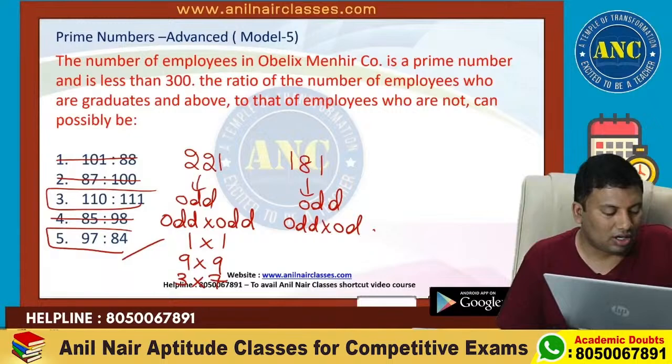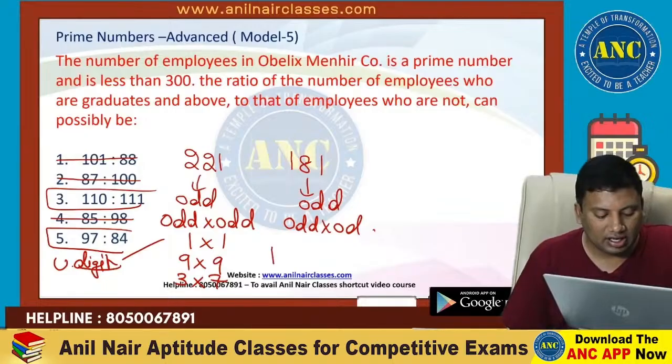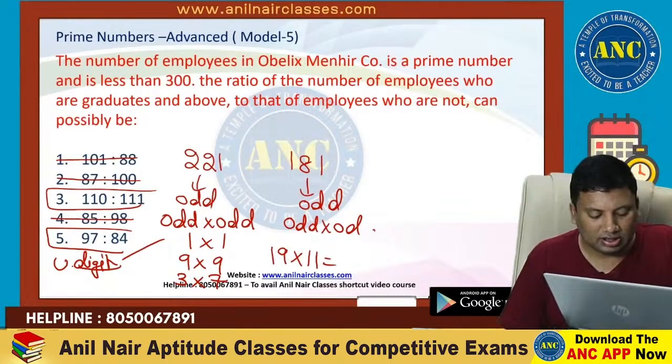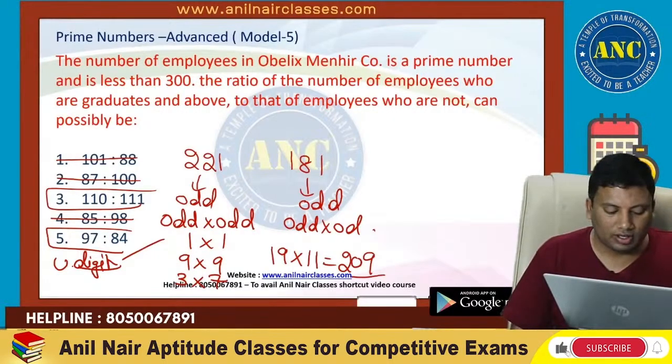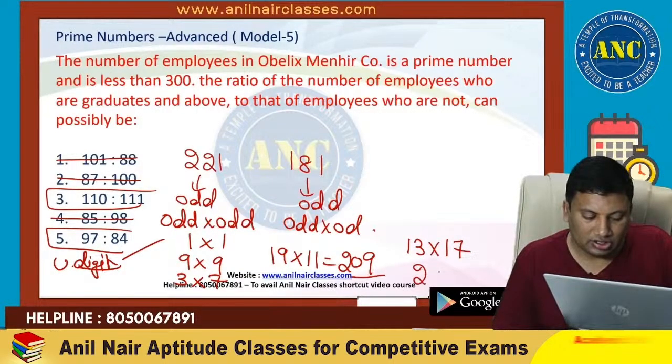These are all the unit digits. Let us take 19 into 11. 11 nines are 201, so this is not possible. If I take 13 into 17, 17 threes are 51. It is 221. Oh, it is.